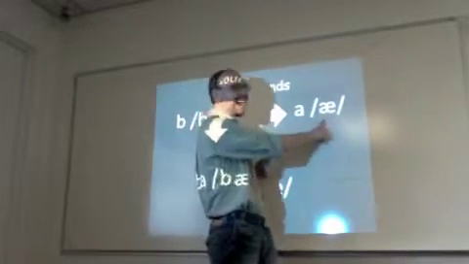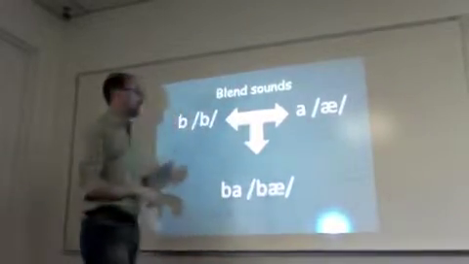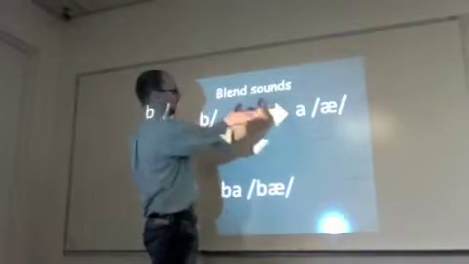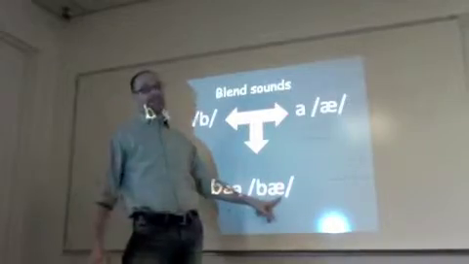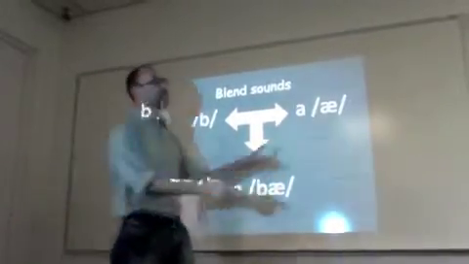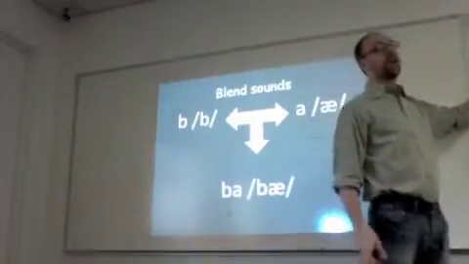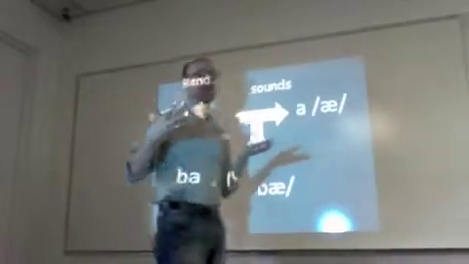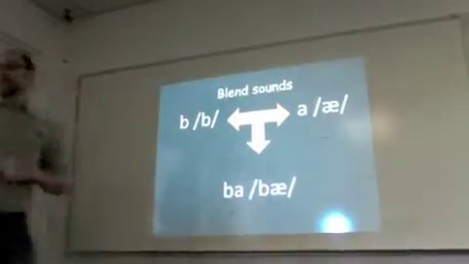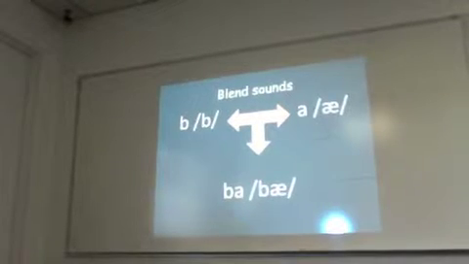It's tricky. And when you blend these two sounds together, you get ba, right? So that's the word blend. You should write this in your notebook because we're going to use it a lot, right, to blend sounds.